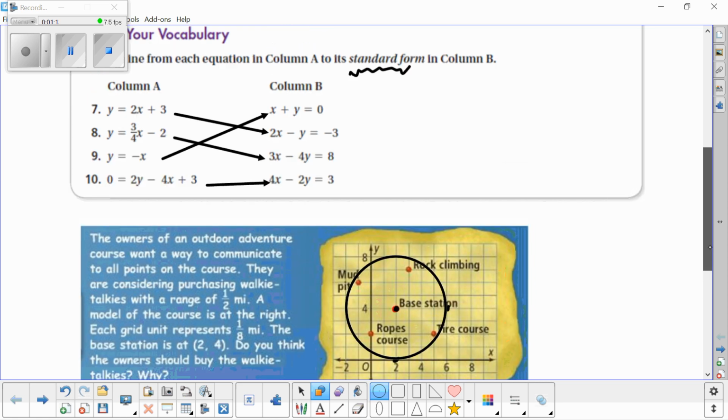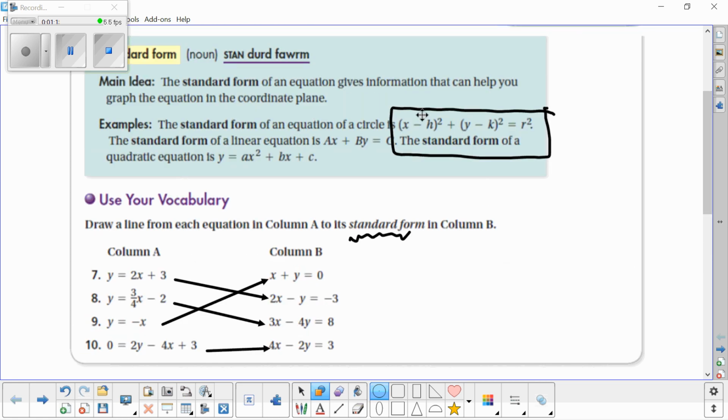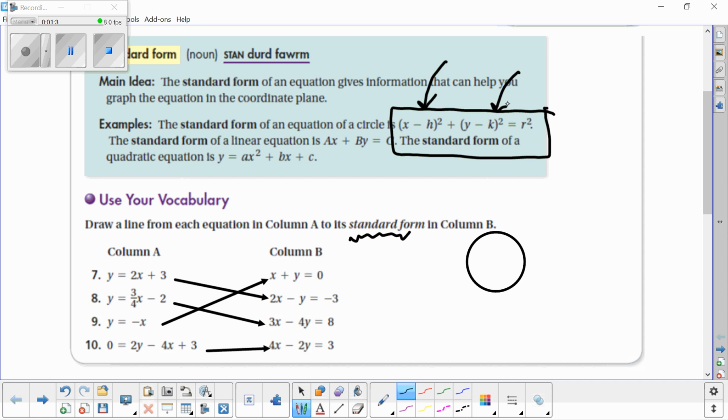And if you look back here, you do x minus h squared, where h is the x coordinate, and y minus k squared, where k is the y coordinate, and then r squared.